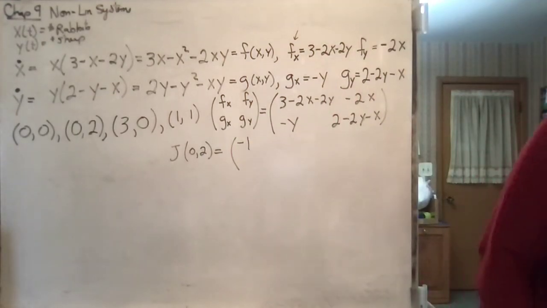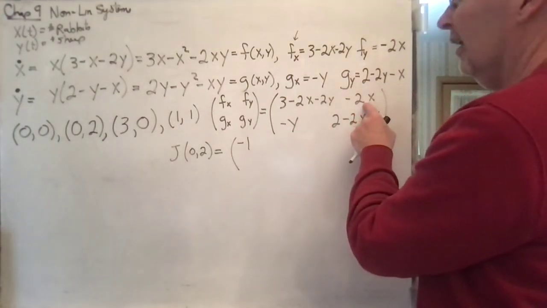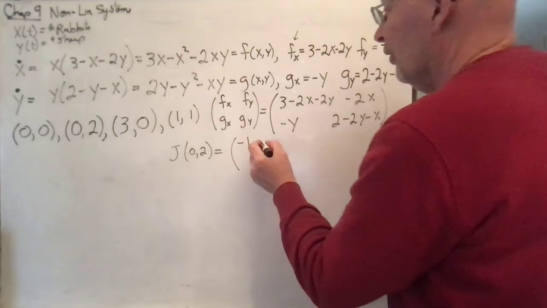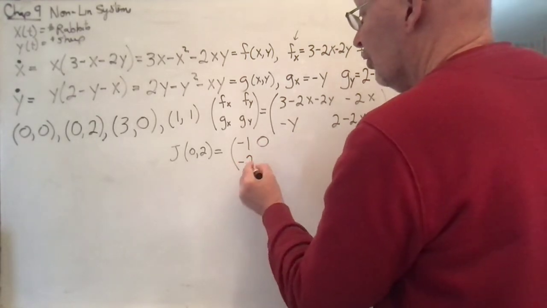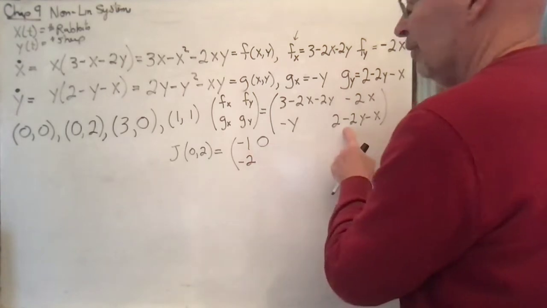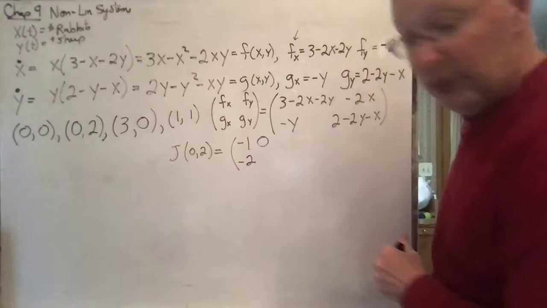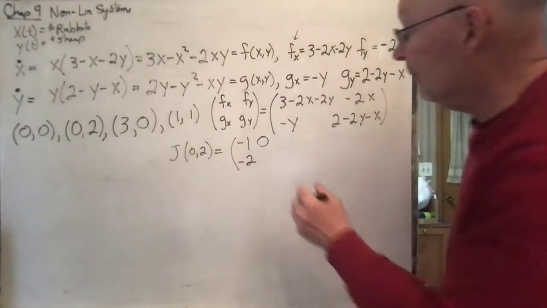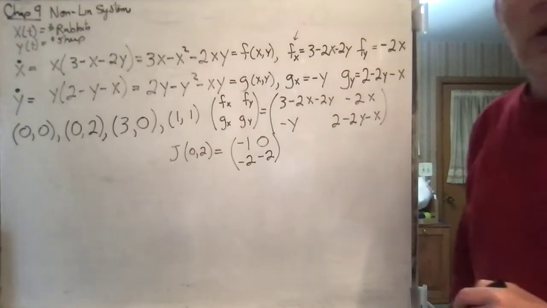Let me just watch it, okay? Stick in a 0 here, and you're going to get a 0. Stick in a 2 here, and you're going to get a negative 2. And then when you stick in a 0 for x and a 2 for y here, you're going to get a negative 2 again. Is that right? Negative 2. Okay? So there you go.